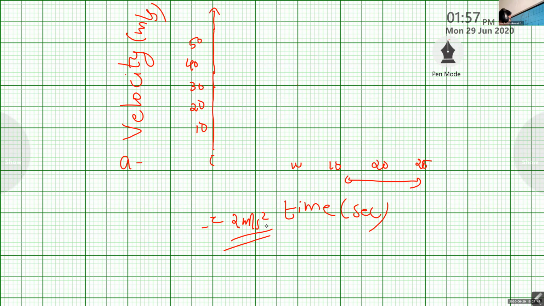You have the graph with you, don't rub it, I am only rubbing. I want a clear graph. Again, I am writing 0, 5, 10, 15, 20, 25. Here again plotting the points.